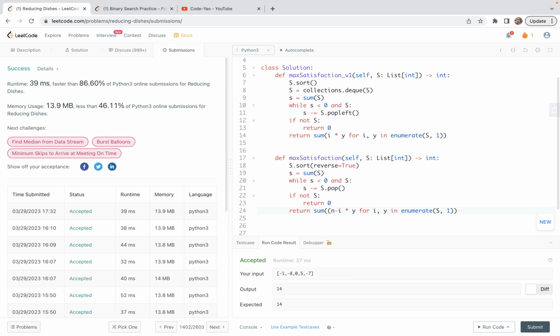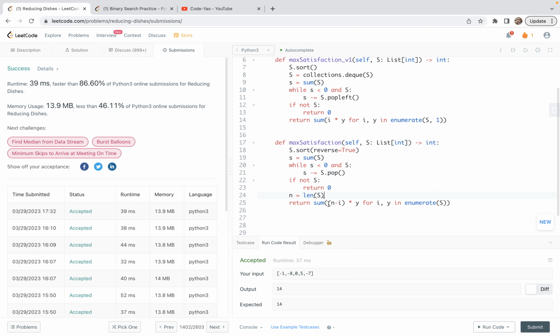We use n minus i times y for y in enumerate, but here the starting index will be 0. Because the first element will be the largest one, it corresponds to the length, right? So here let me first get the length of this remaining state of S.